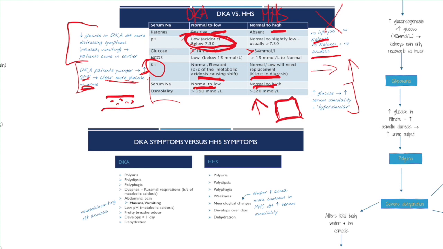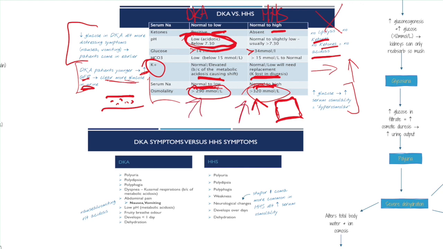Not necessarily that you have too much sodium, it's that you need more fluid. I promise at some point I'm going to make an entire video about fluids and electrolytes, so you'll be able to understand that a little better. In diabetic ketoacidosis, you're going to have a normal to low sodium, and that's just because you don't have as much of that diuresis. Again, here you've got slightly high osmolality, here you've got insanely high osmolality. Do not memorize these numbers, do not worry about them.